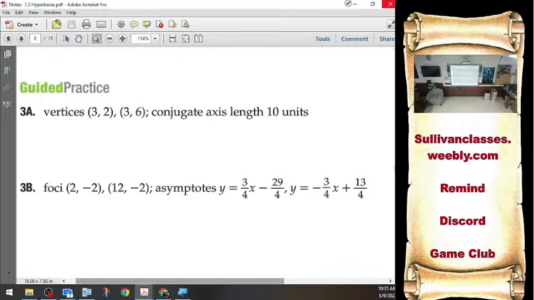So that would be 1 minus 4 minus 3. I think it's 20. This one on x is really ugly. Thankfully, the conjugate axis length is 2. How did you get that?